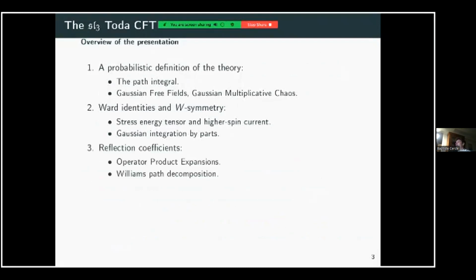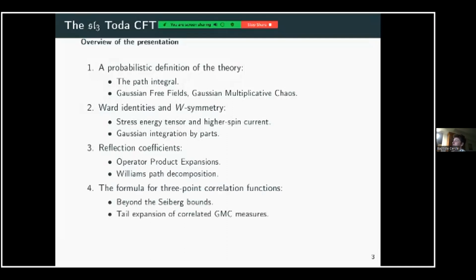Then I will explain how reflection coefficients naturally are necessary to understand this theory and how they arise in this probabilistic setting. And eventually, we will see how all these ingredients put together allow us to derive this formula for 3-point correlation functions. And finally, the bootstrap formula, if we have time.